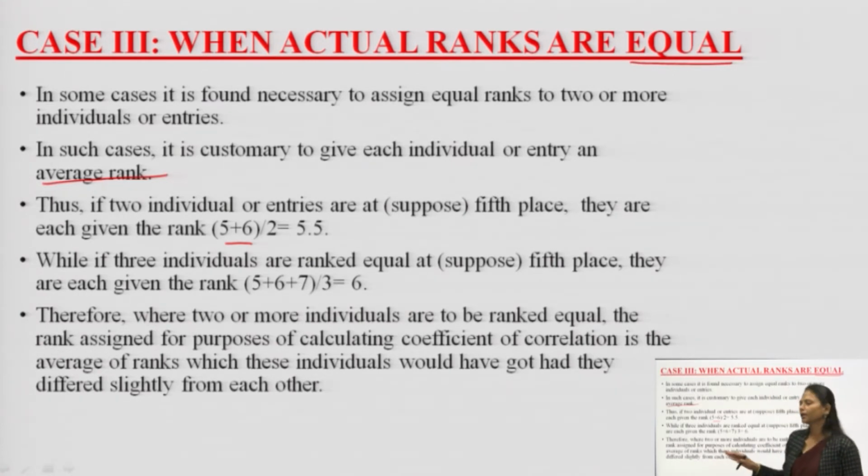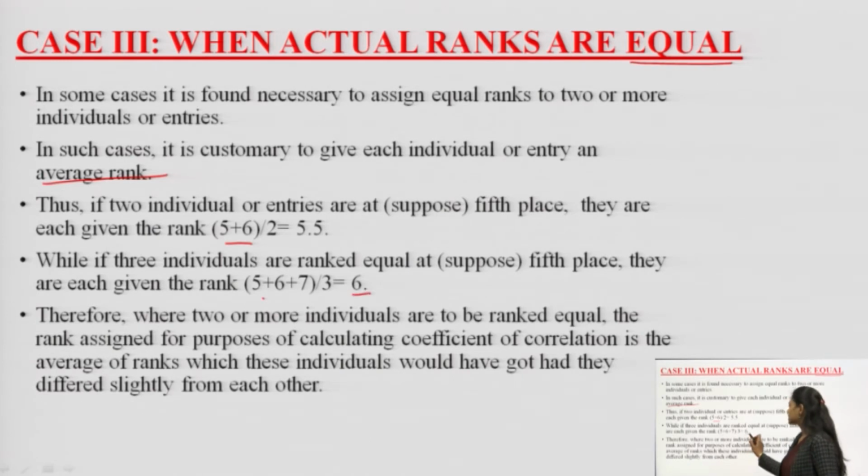Now, this is the case when we have two observations with equal ranks, but if there are 3 observations with equal ranks, suppose they are at the 5th place again. So, I have 3 observations at 5th place having equal rank. I will add 5 plus 6 plus 7, but they will be divided by 3 because there are 3 observations with equal rank.